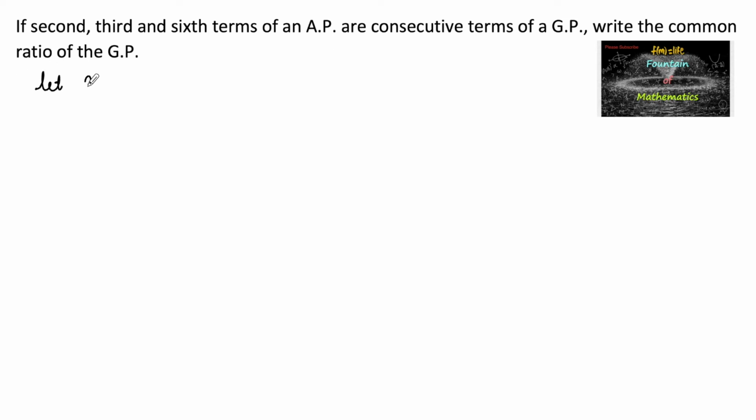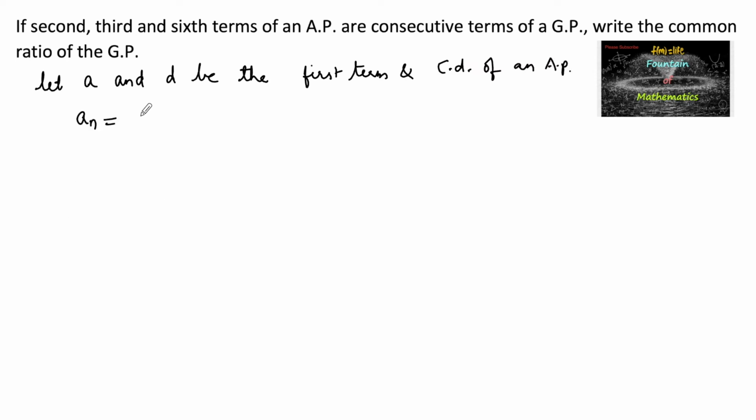Let us consider small a and small d be the first term and common difference of an AP, so that we have the general term an is equal to a plus n minus 1 into d.